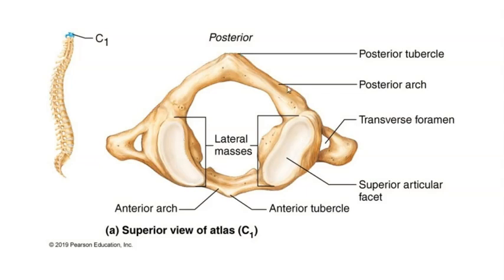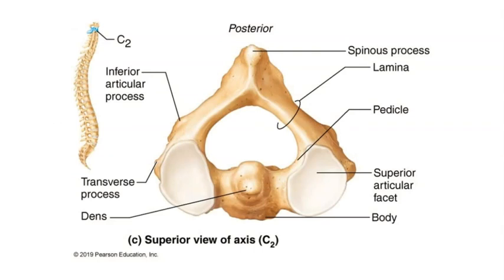Instead, it's kind of ring-shaped, so it's pretty much just a ring of bone with these two large lateral mass pieces of bone on them. From this perspective, we can see the superior articular facets, and the superior articular facets are what articulate or connect with the occipital condyles on the occipital bone. So this is the joint that's formed between C1 and the skull here.